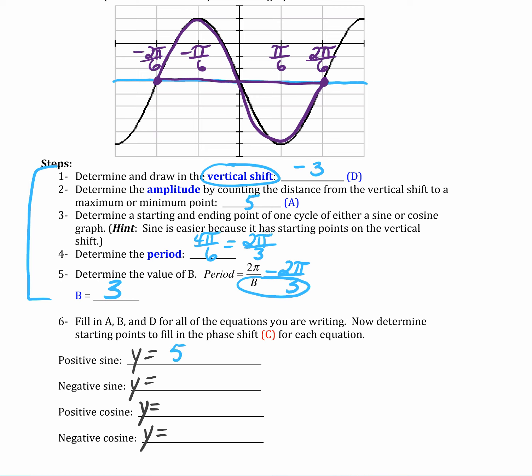I'll do positive 5, then negative 5, because I'm asking for a positive versus a negative sine or cosine graph in each. Our b value we came up with is 3, so we'll plug that in for all of them as well. At this point, I'm going to open up a nice big parentheses for each of them and put x inside.